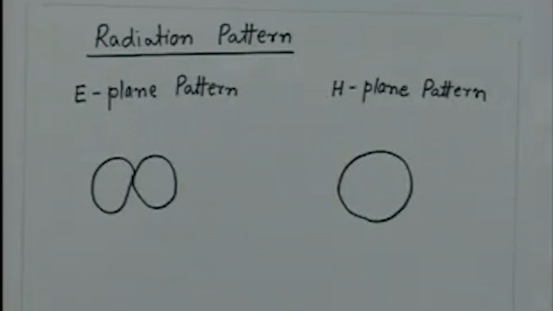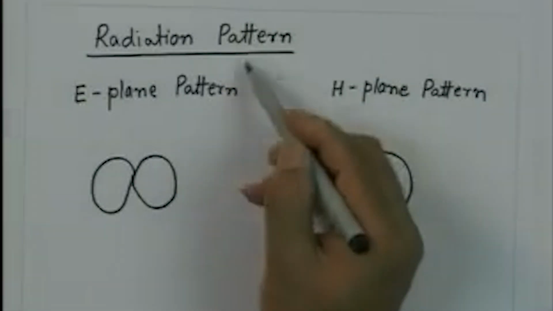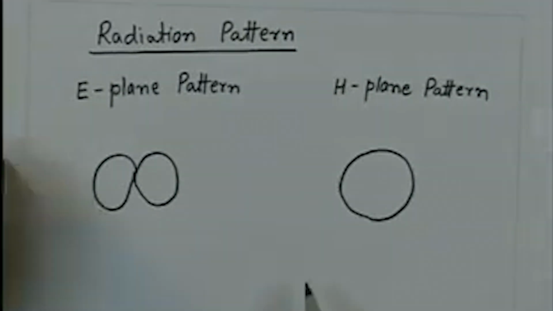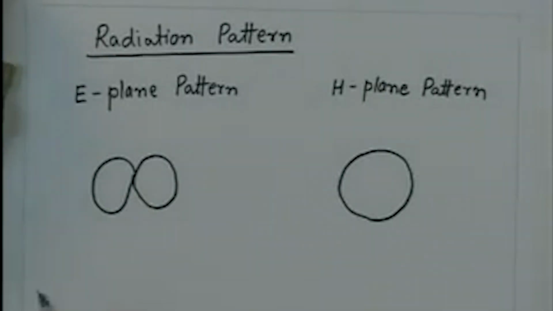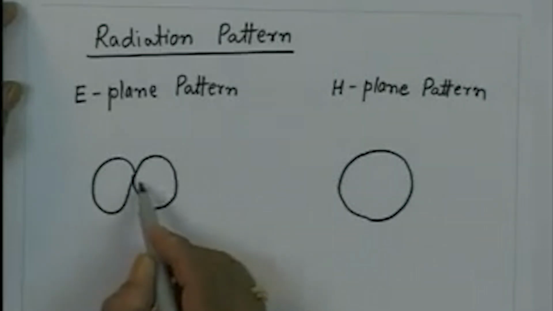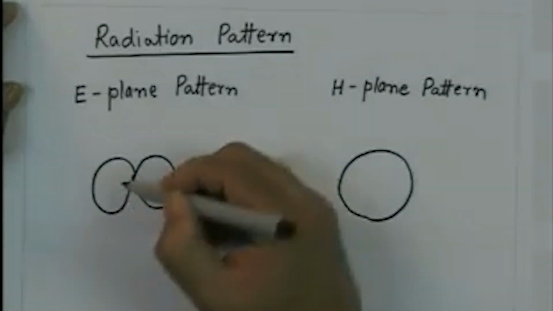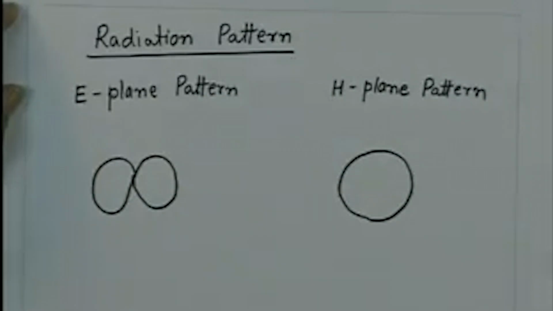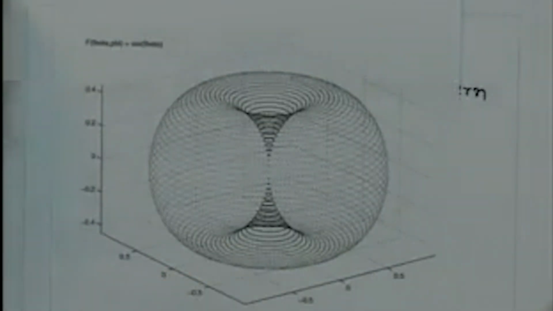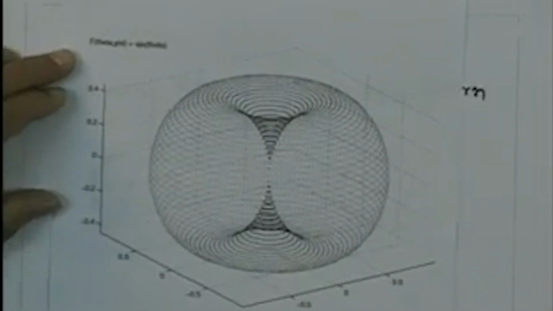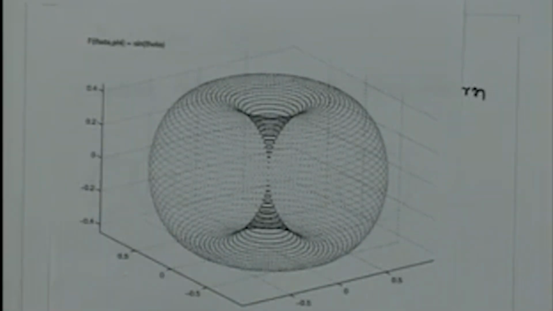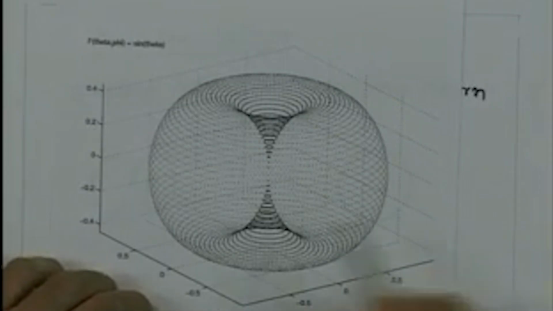Radiation pattern is a very important aspect of an antenna, because it tells me in which direction the power is going, and as we saw, the power is proportional to mod E square. So the power is maximally going in this direction, and no power goes in this direction. If I look at this radiation pattern in three dimensions, where is the maximum power going?